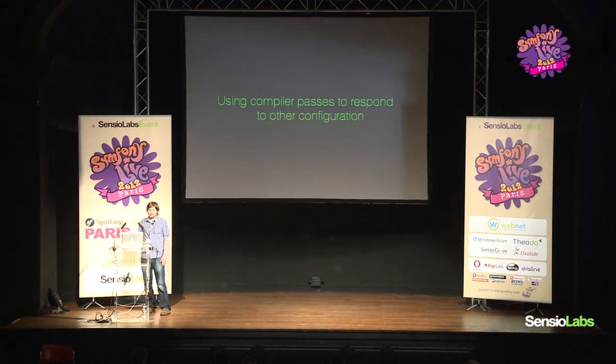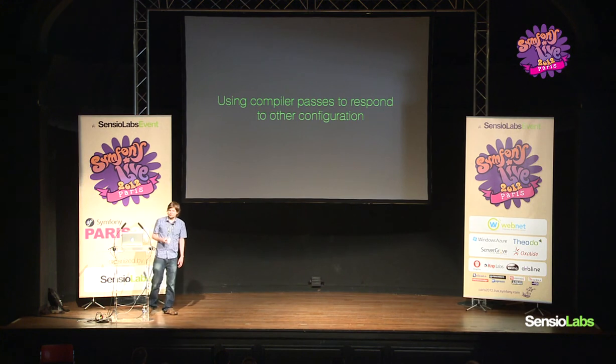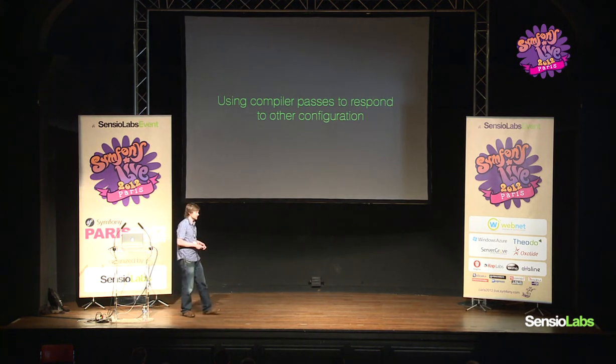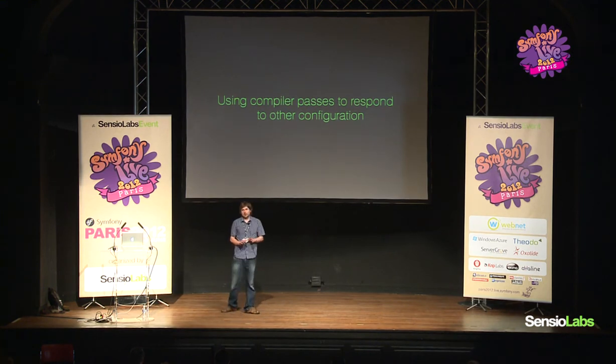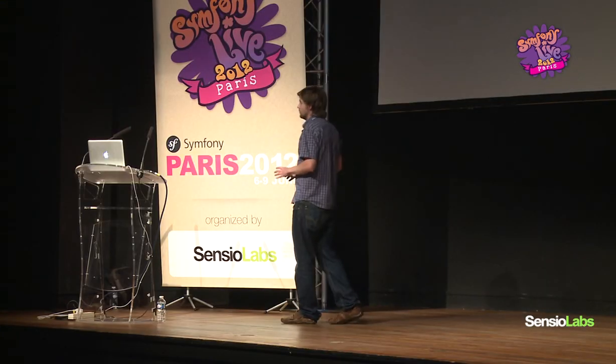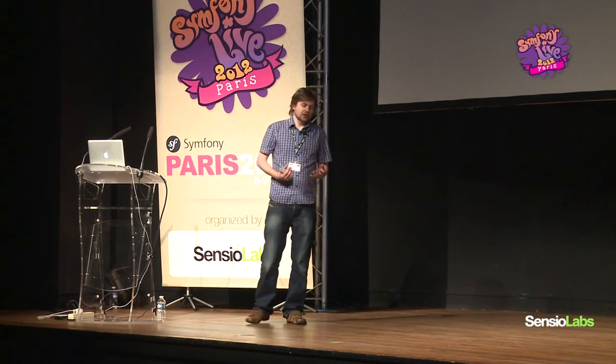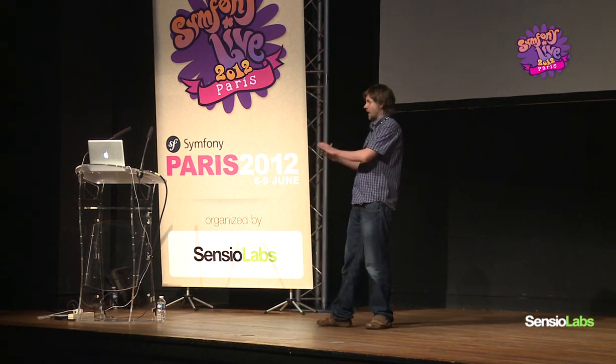Okay. So this is where compiler passes come in. You may have seen these in some use, but their real power is that they let you respond to the other configuration. A compiler pass is something you can run, and these run after the extensions have been loaded.